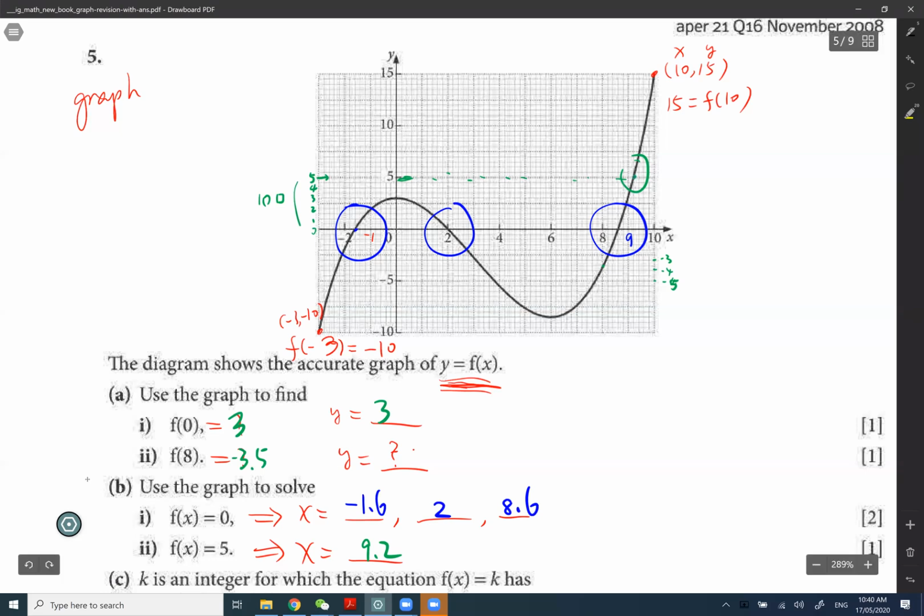It's like here, this point. If I have 5, that would be here. I have 5 is negative 7.5. But this question asks you, if y value equals 5, what's x?